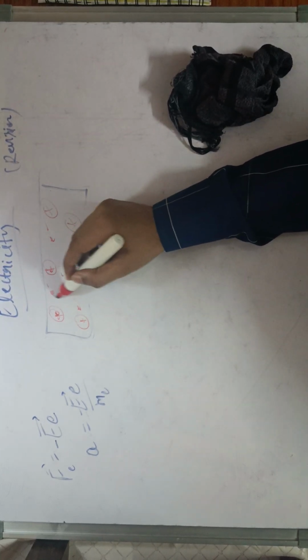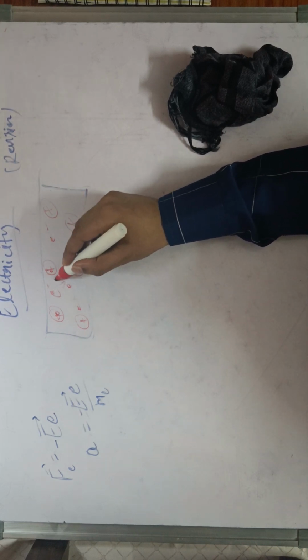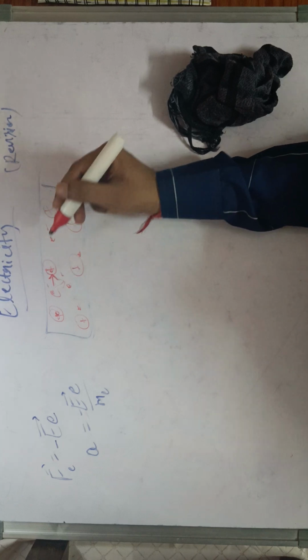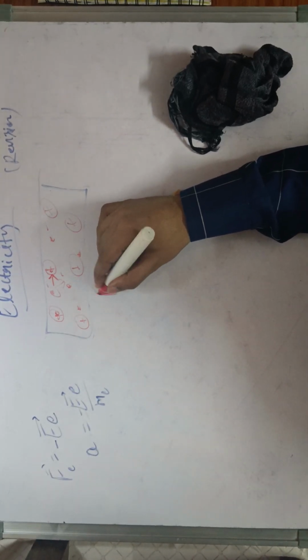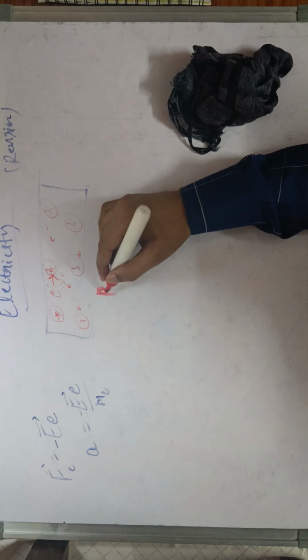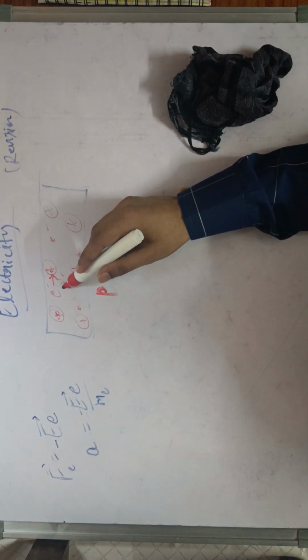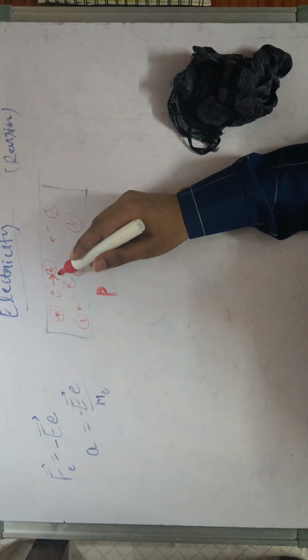So when an electron moves in this medium, sometimes it collides with another electron or a positive charge, and it loses all its momentum. So the momentum of the electron is lost after it collides with any atom or electron.